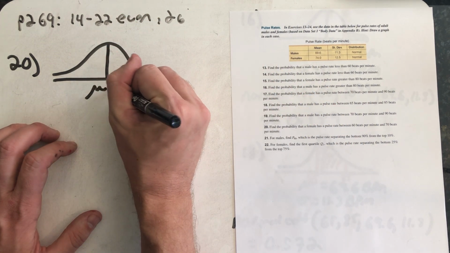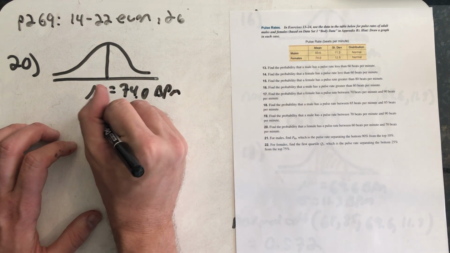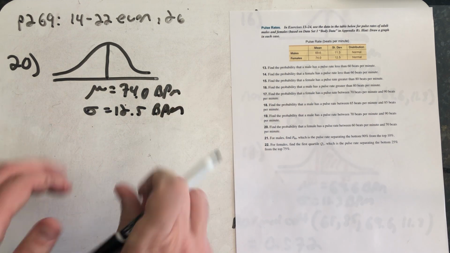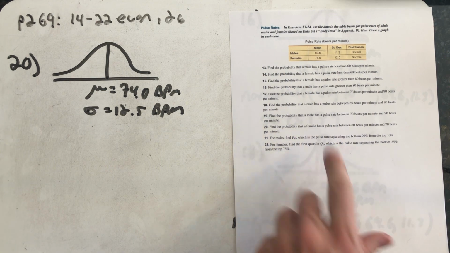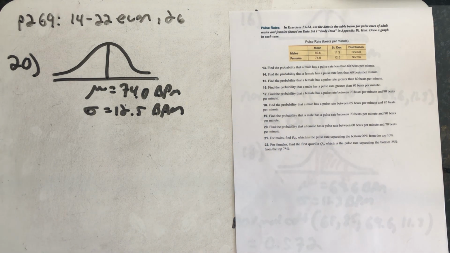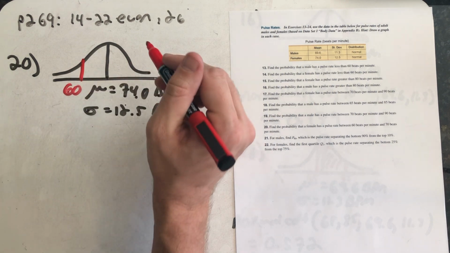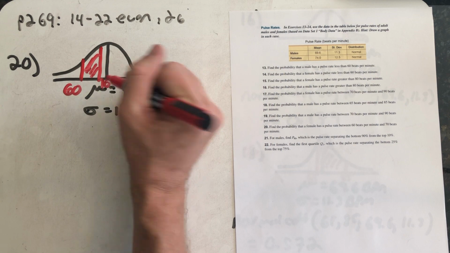So the mean now, again, 74.0 with a standard deviation of 12.5. And we're asked for the probability between 60 and 70 beats per minute. Well, let's see, 60 below the mean, 70 still below the mean. So like a little slice right there.